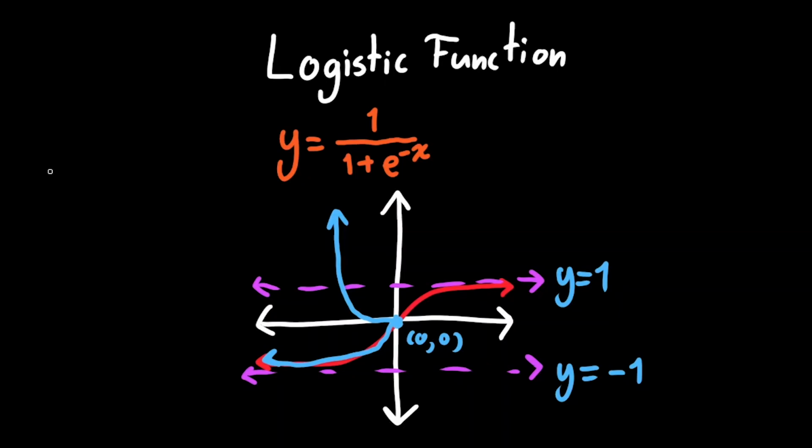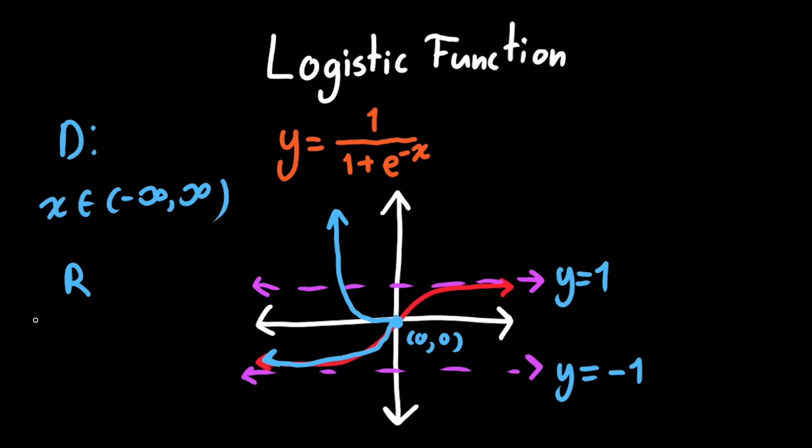With the logistic function, it has a very simple domain like most of the functions that we've gone over today. X includes all real numbers, negative infinity to infinity, whereas the range has a little bit of a restriction because it can't get any lower than negative 1.